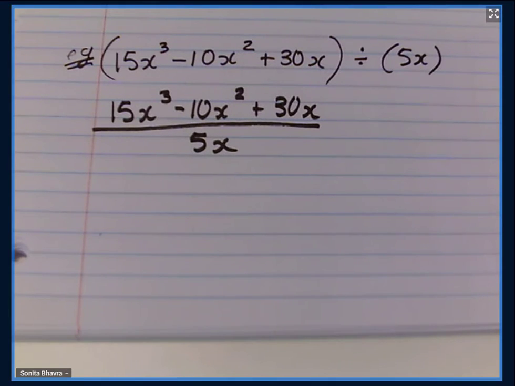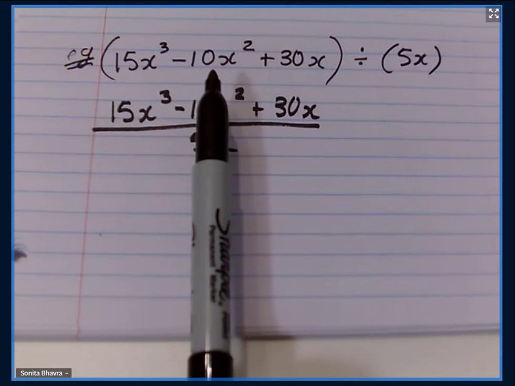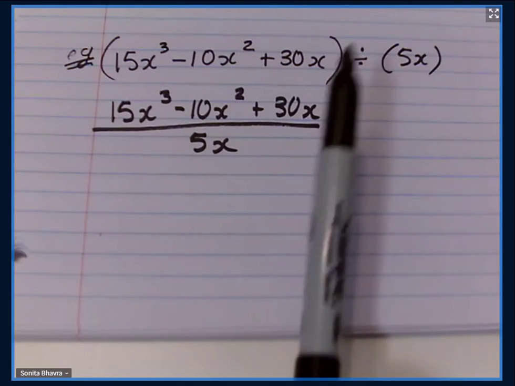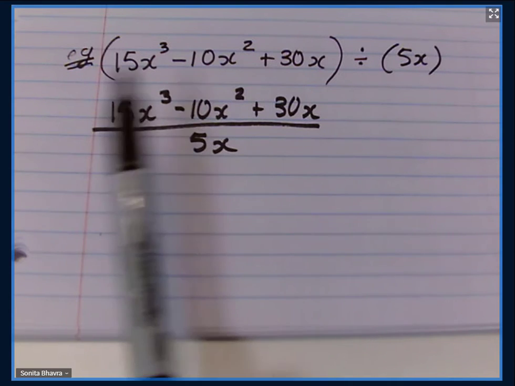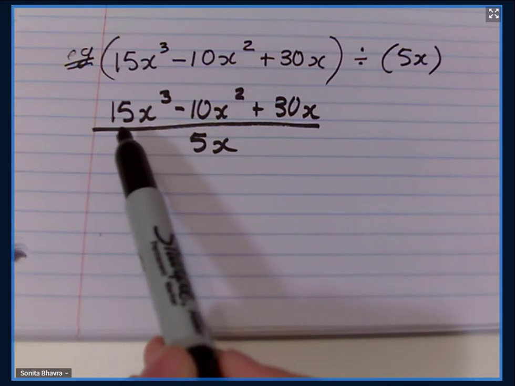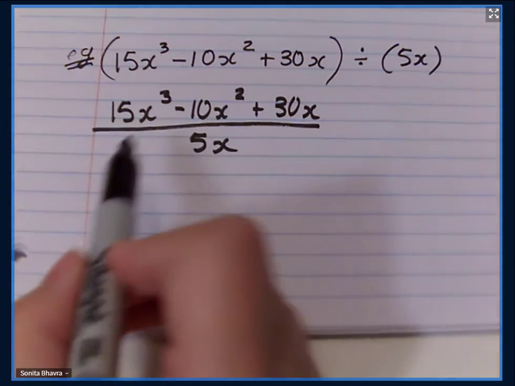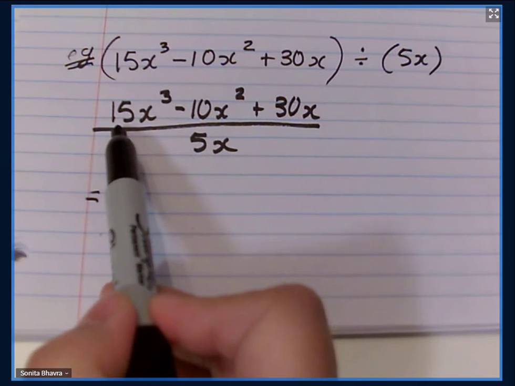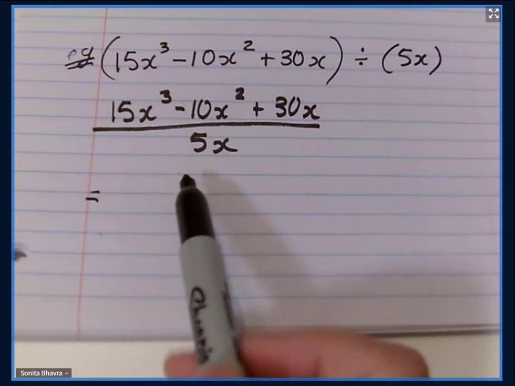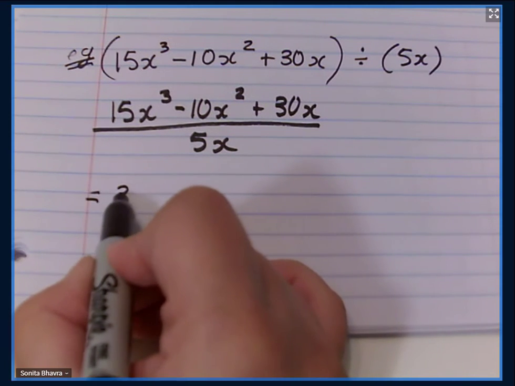All right, so our next example is 15x cubed minus 10x squared plus 30x, and it's being divided by 5x. I've already set it up in this format, and now all we have to do is divide each term by 5x. So 15x cubed divided by 5x: 15 divided by 5 is 3.